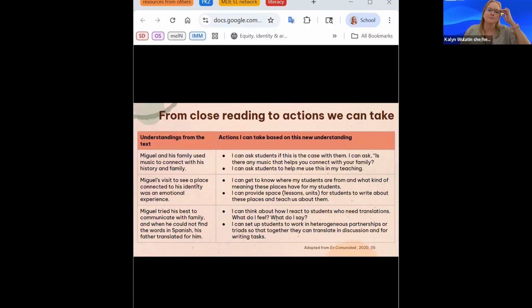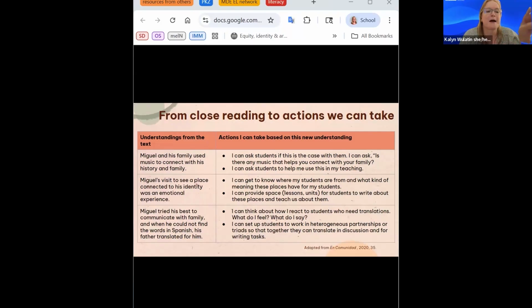This excerpt is back to the En Comunidad work. And if you do have a chance to dig into that book, this teacher started with students. There's a singer, Miguel, who grew up in a Spanish-speaking family in the US, and this is about his trip to Mexico.